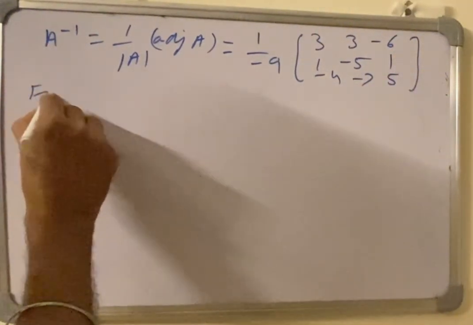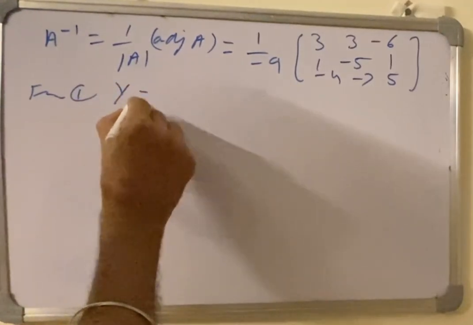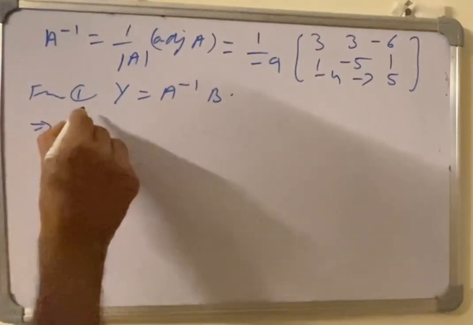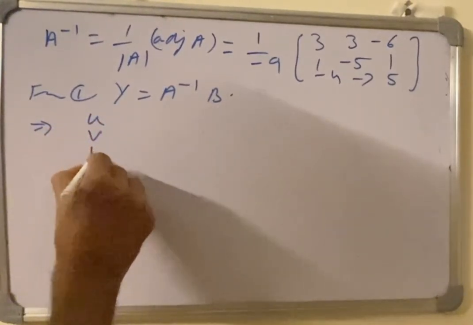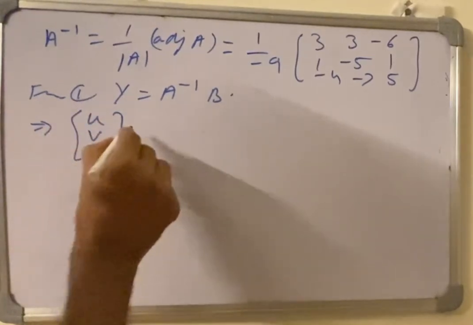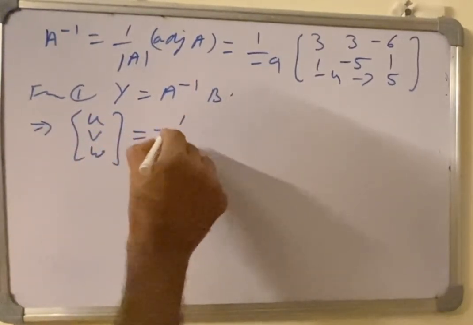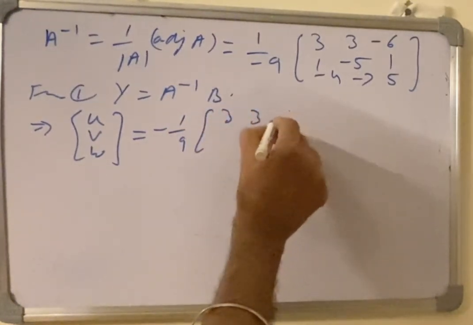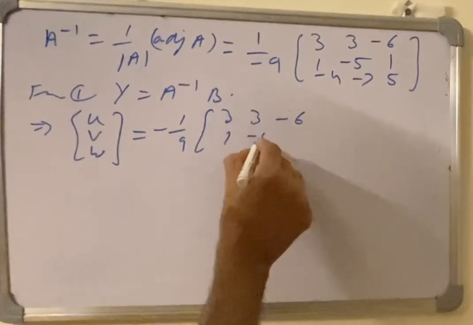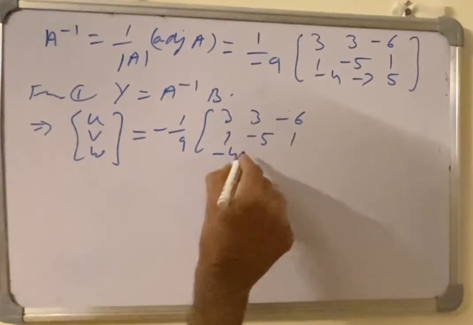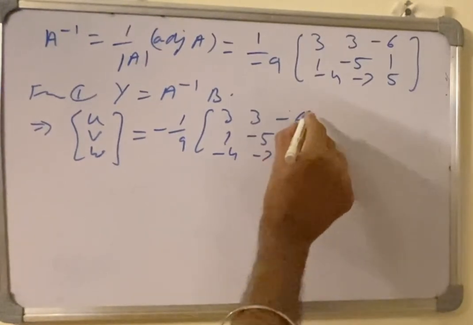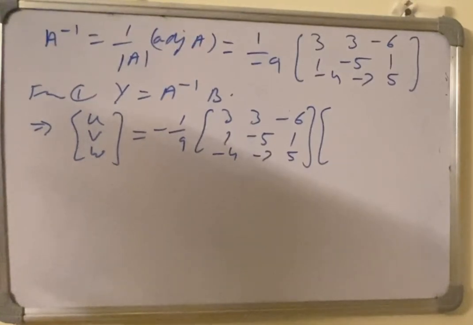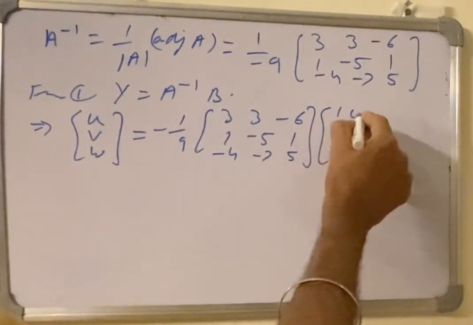From 1, Y is equal to A inverse B. We put the values. u, v, w is equal to minus 1 over 9 into the matrix, into the constant matrix B, which is 10, 10, 13.